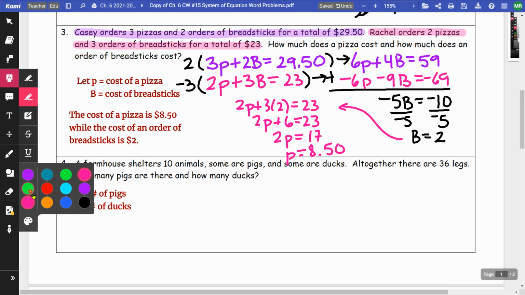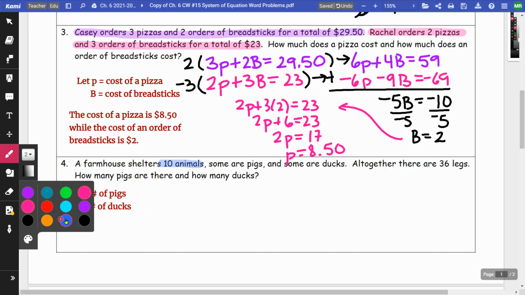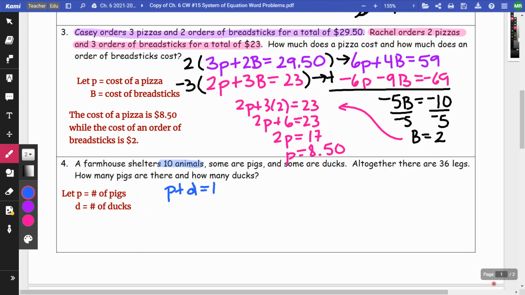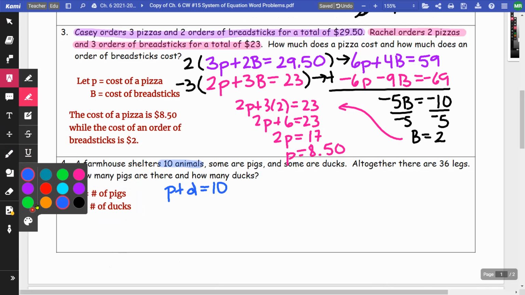So one equation is going to be that there were 10 animals, okay? So for that equation, I'm going to write P plus D equals 10. My second equation is going to be dealing with 36 legs.